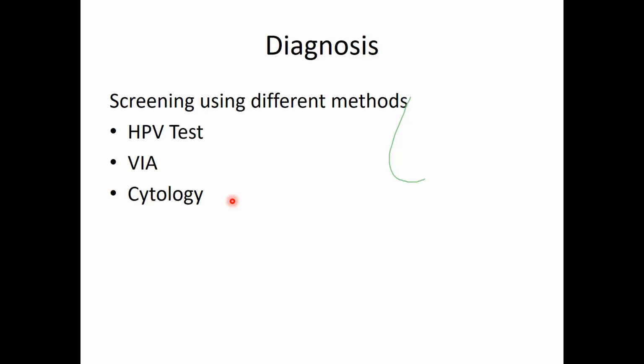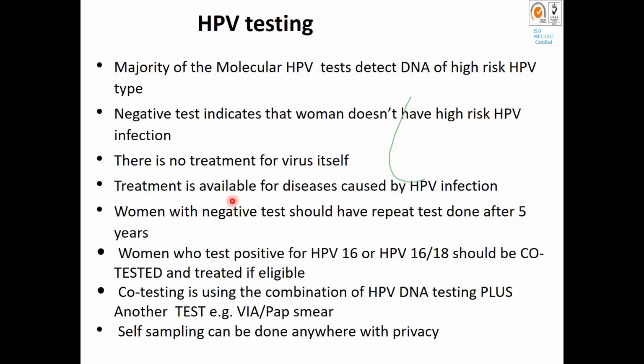We use the HPV test, we use the VIA, that is visual inspection with acetic acid, and then we have the cytology. Here we take the sample to the lab, and the pathologist will work on it, and then we get the results. But with VIA, we get results on the spot, and we are able to share with the client. But HPV and cytology are taken to the lab for diagnosis.